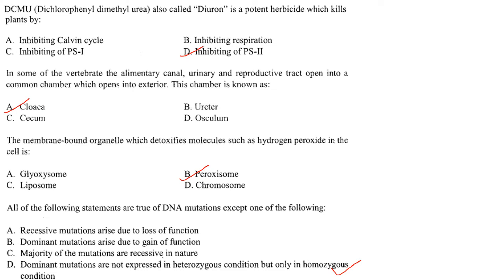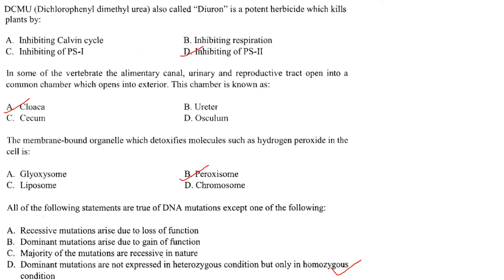Then next one. All of the following statements are true of DNA mutation except one of the following. The recessive mutation arises due to loss of function, that is correct. Dominant mutation arises due to gain of function, that is also correct. Majority of the mutations are recessive in nature, that is also correct.